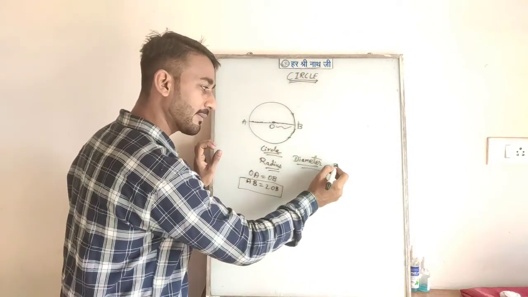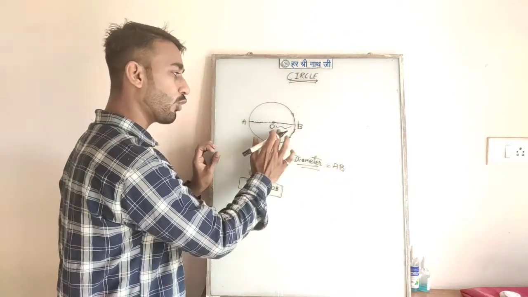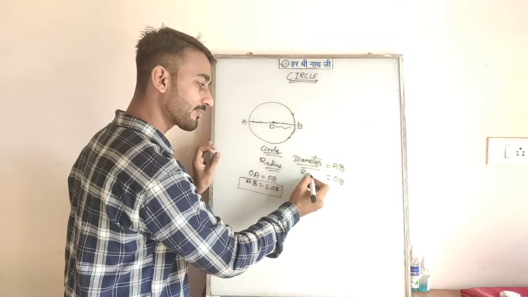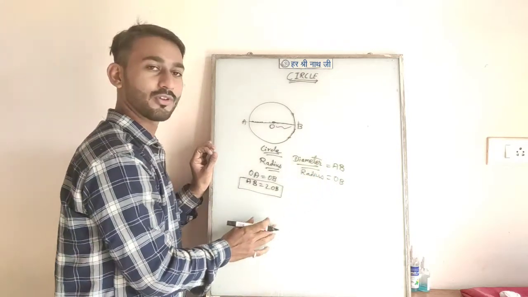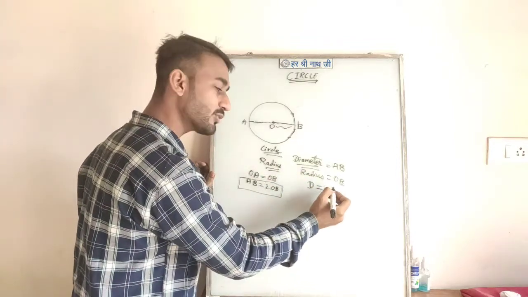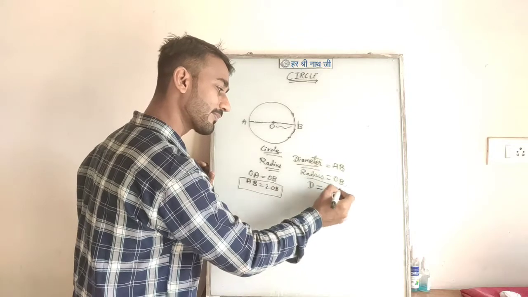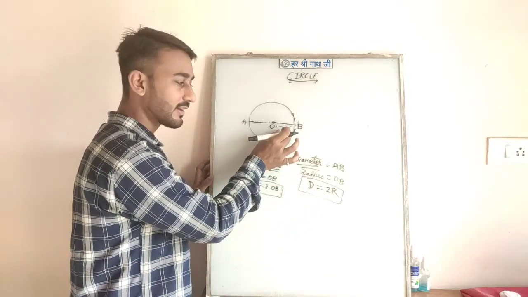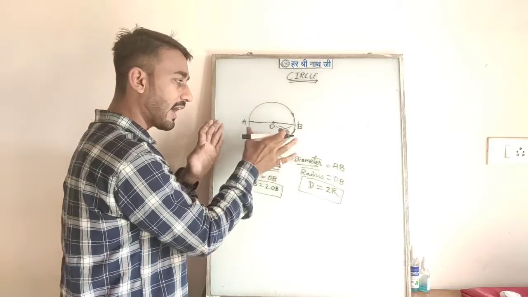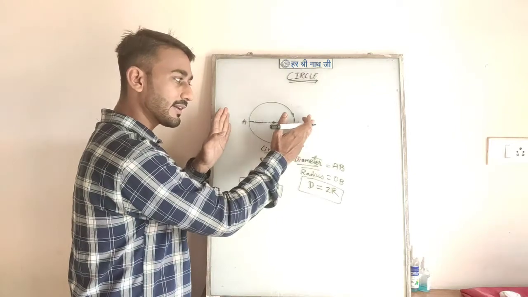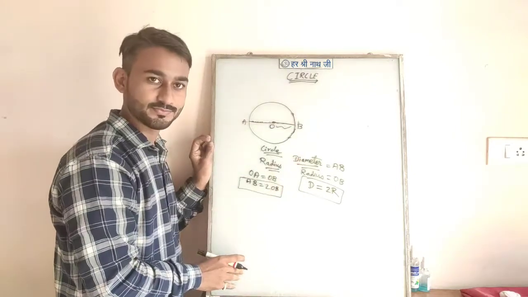AB is the diameter here. OB is what? OB is the radius. So, can we say that diameter is equal to 2 times radius? Right? This radius is actually half of the diameter, or this total diameter is twice the radius.